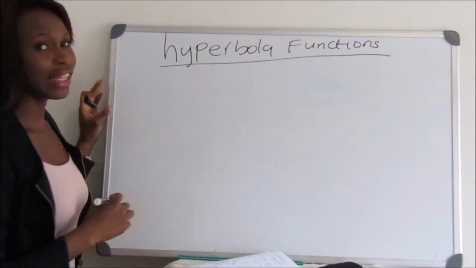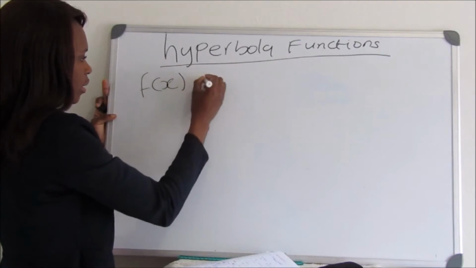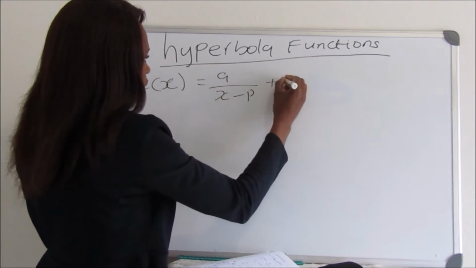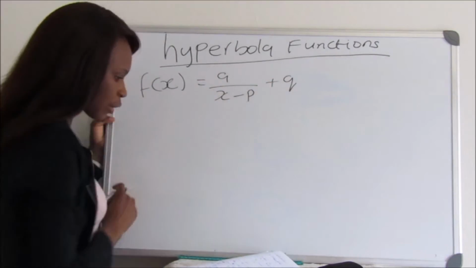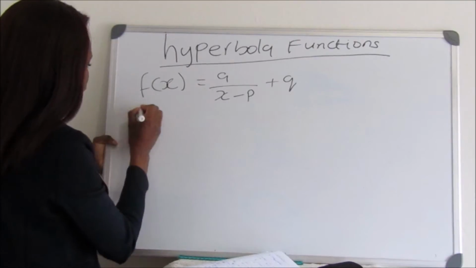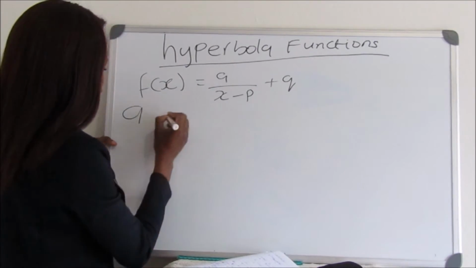With hyperbola, the standard equation that we have is f of x equals a divided by x minus p, plus q. This is the standard equation for hyperbola. What you have to take into consideration is a, which determines where the graph will lie.